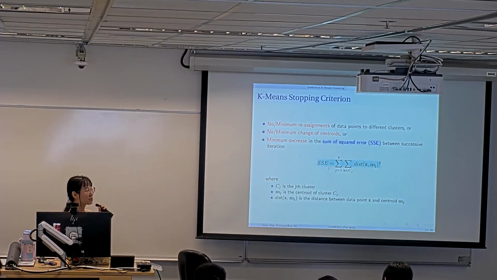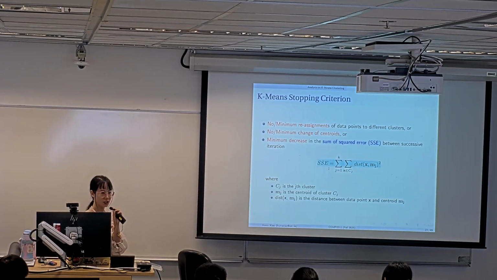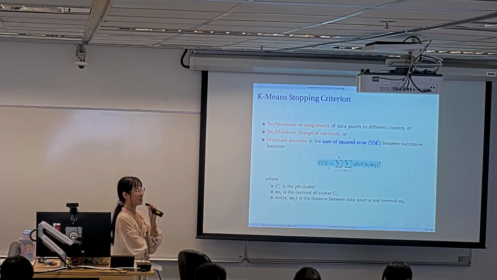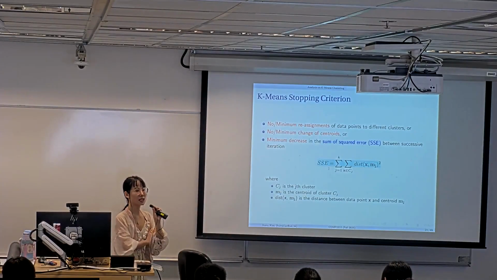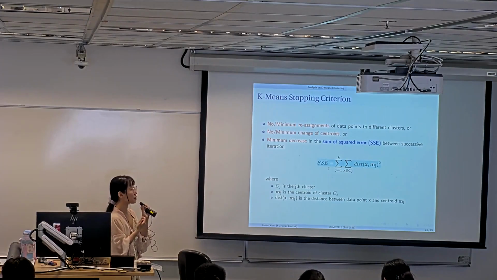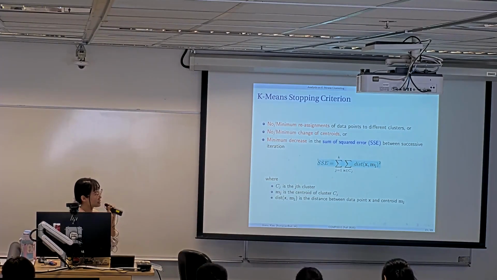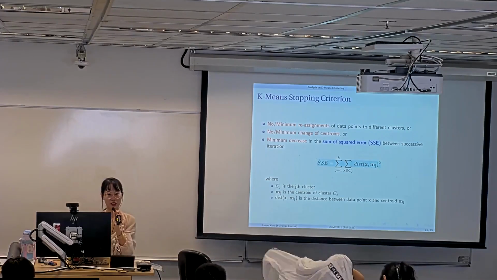So now that we know there is a loss function or an error function in the k-means algorithm, and the convergence criterion is that at some point we reach the minimum point of this error function. We reach the minimum of this SSE. But does it guarantee to converge?